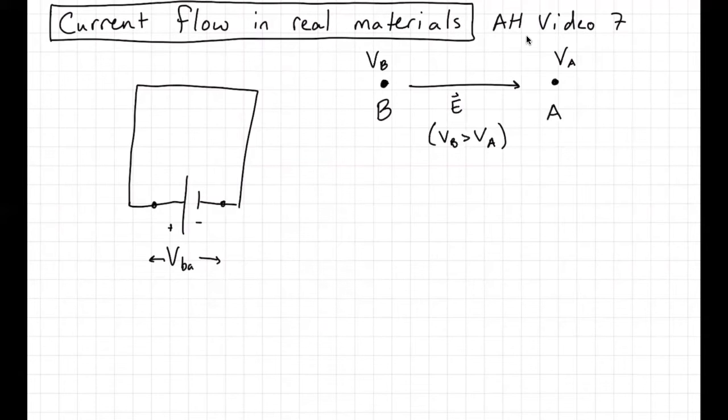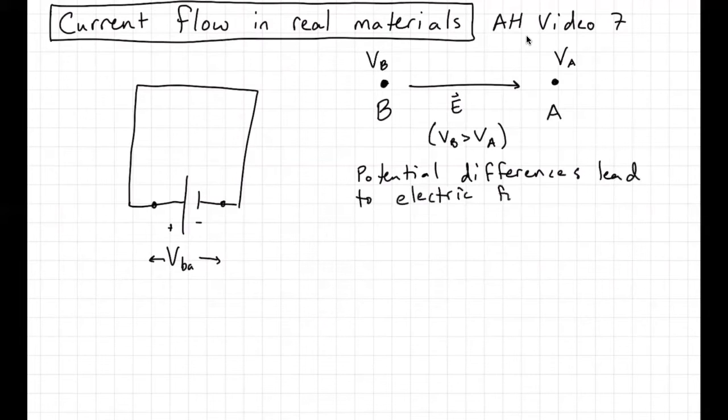So if you think about a wire, what we think should be happening is potential differences lead to forces, or more precisely to electric fields, which cause forces on charged particles.